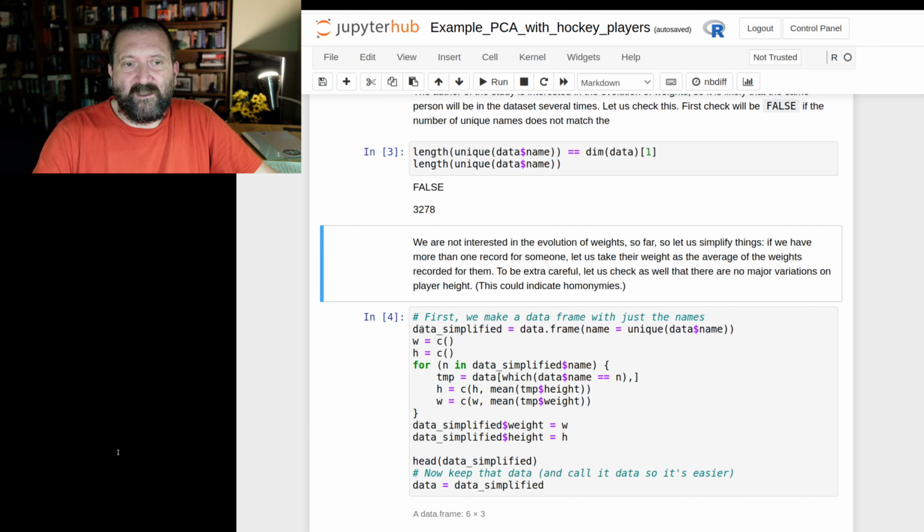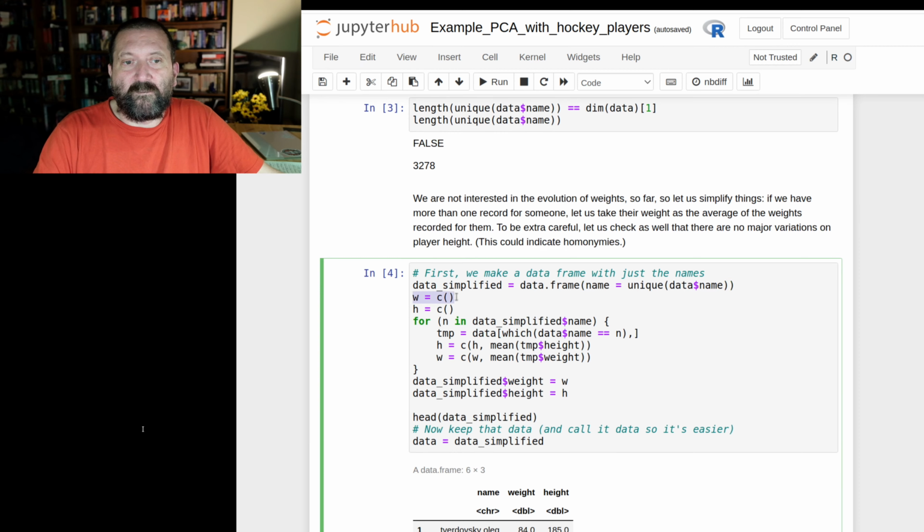So for this, I create a new data frame that is just going to have, for the moment, the names, and I'm preparing two vectors, W and H, that I'm going to add together with these names, and that are just going to be the mean weight and the mean height.